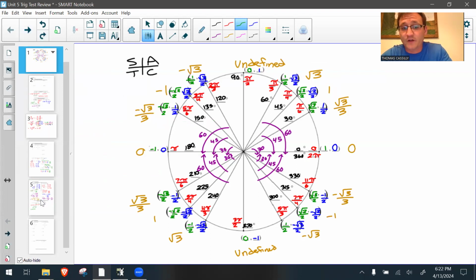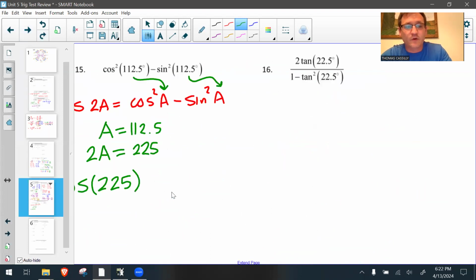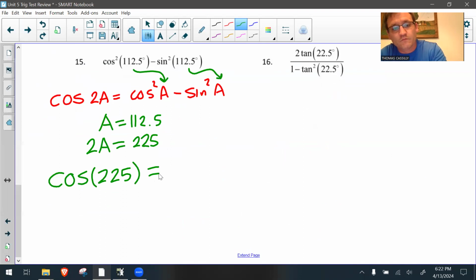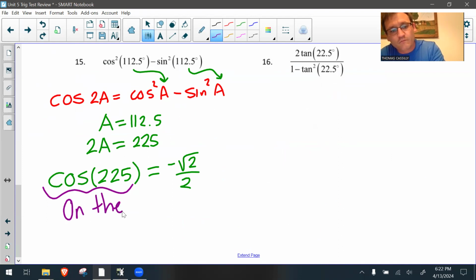So the exact value here is a negative square root of 2 over 2. And again, this is on the unit circle. All right, next one.